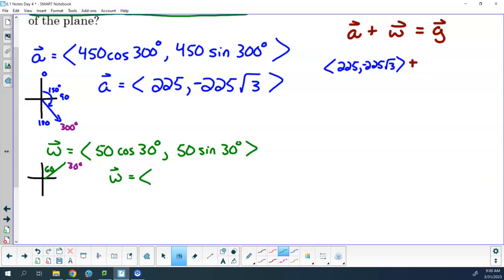You should be able to do this one without even thinking. Thank you. 25 square root of 3. Then 50 times the sine of 30 degrees is 25.